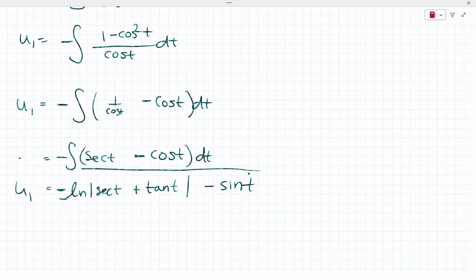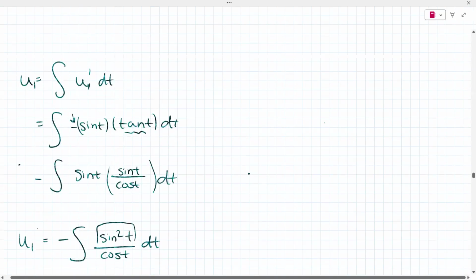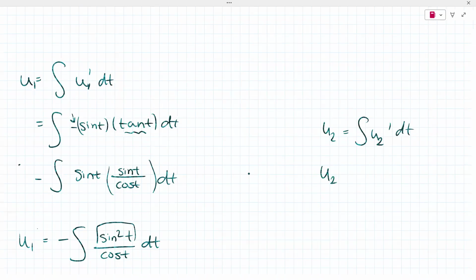And then our u2, I didn't do that one, but the u2 is pretty simple. U2 is the integral of u2 prime dt, and u2 prime is cosine of t times tan t dt.